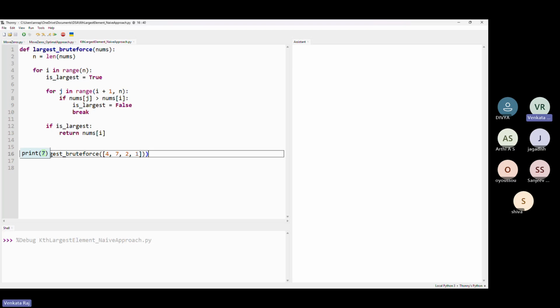Before directly jumping into the kth largest element, I want to first explain the first largest element and the second largest element. Then we will go to the kth largest element.